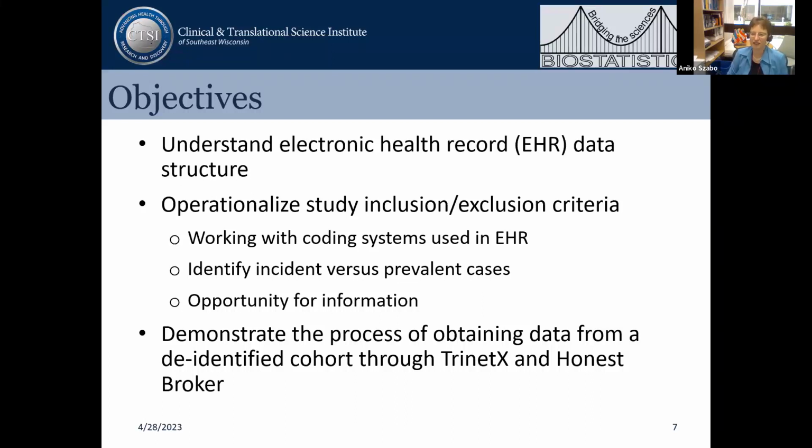And at the end, I'll hopefully have some time to demonstrate how you actually obtain the data for the identified cohort, and click through the process a little bit.